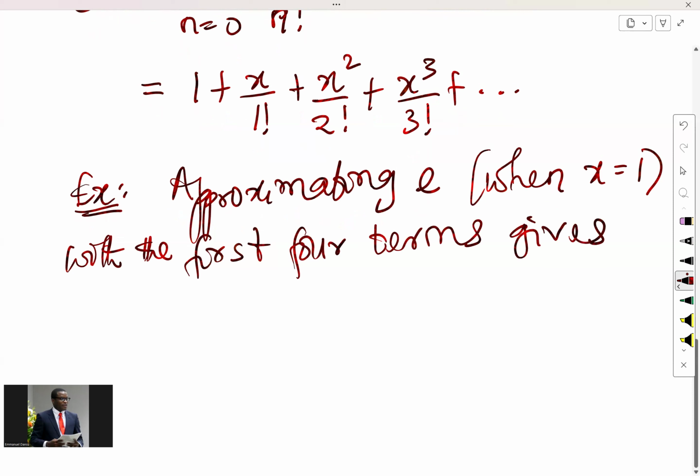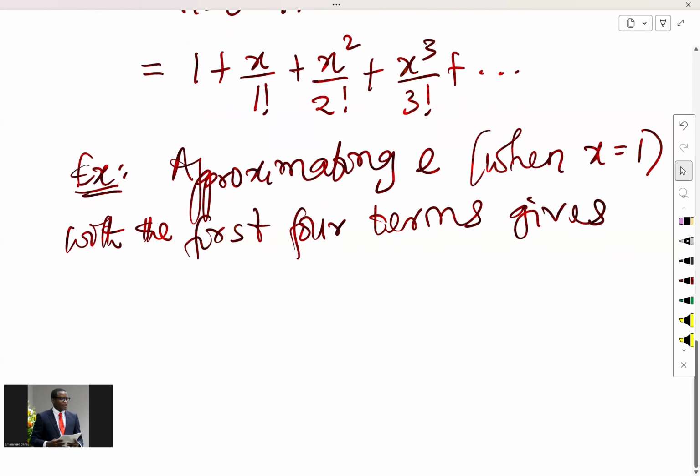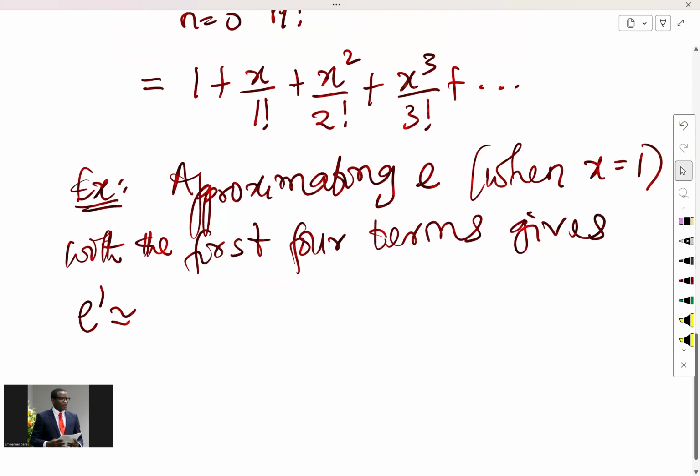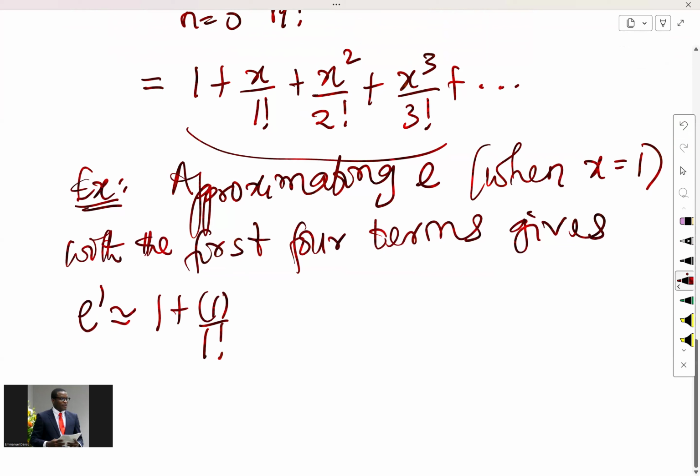In fact, I should talk about binomial expansion very soon. This terms thing is making me remember that. So e raised to power 1 with the first four terms of that expansion would be 1 plus 1 over 1 factorial plus 1 squared over 2 factorial plus 1 cubed over 3 factorial.